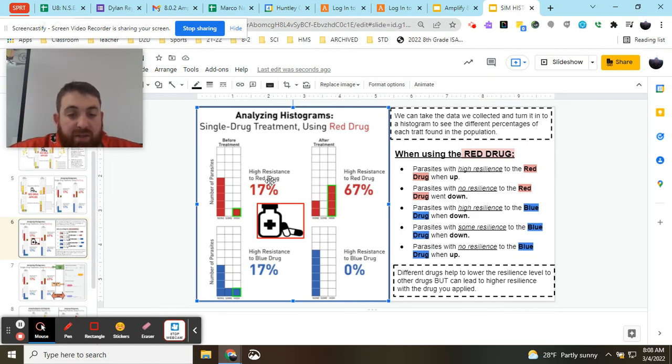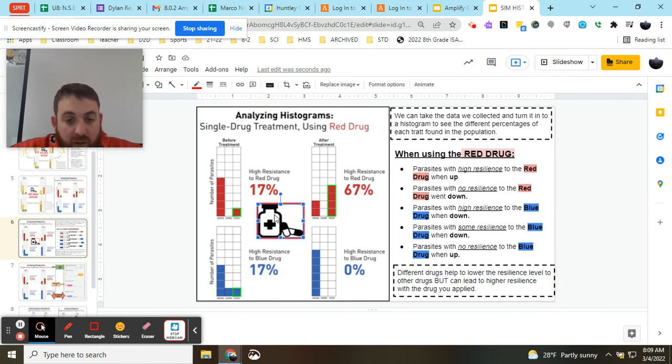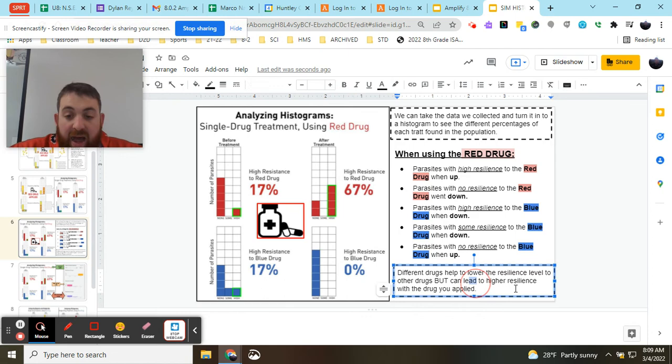So when we compare the two for red using the red drug, and when we compare the two with the blue using the red drug, we can conclude the following. Different drugs help us lower the resilience levels to other drugs. So red helps us lower the resilience level to blue in this case. But it can lead to high resilience with the drugs that you apply it to.